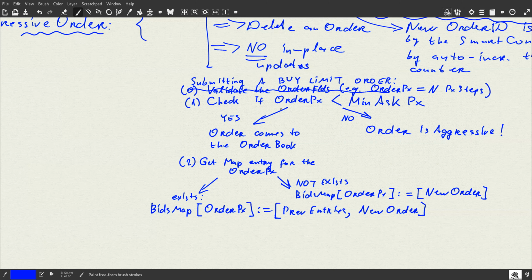So validate, check whether it crosses the bid-ask spread. Order is aggressive, it means that the order crosses the bid-ask spread.